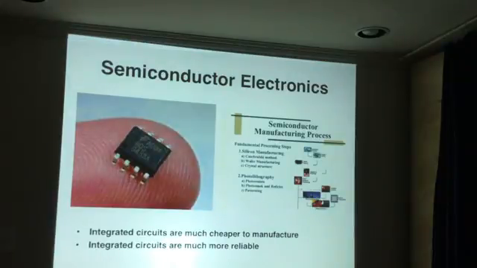It is much easier to repair. And then probably the most important part is the fact that these are extremely small and extremely light. And this allows for the packing of an enormous number of circuits in a very small thing like a cellular phone or a computer.